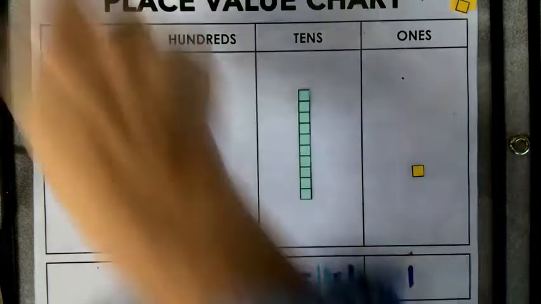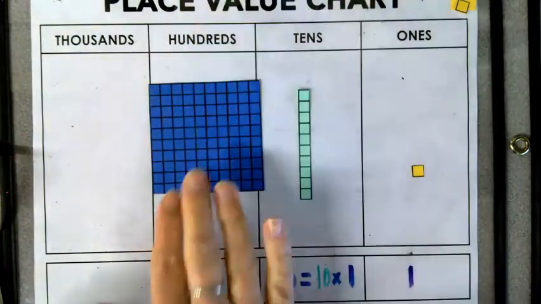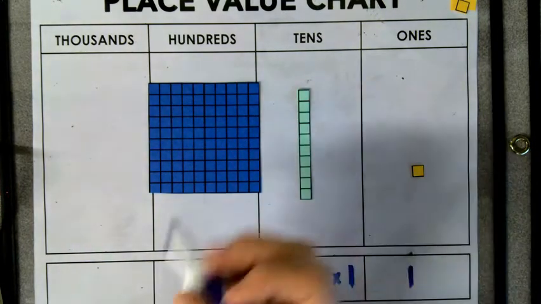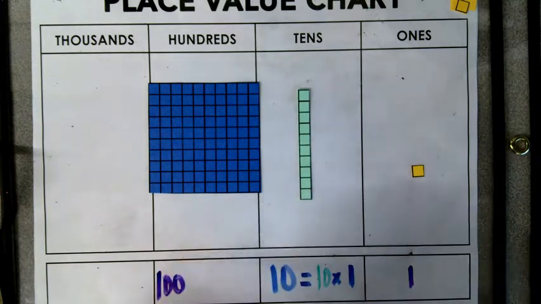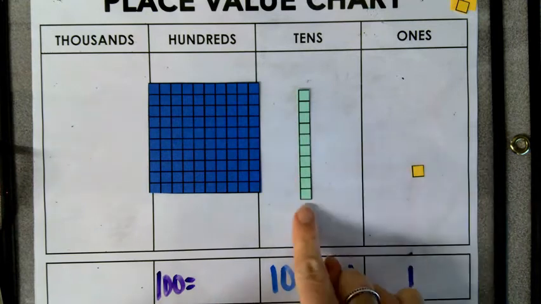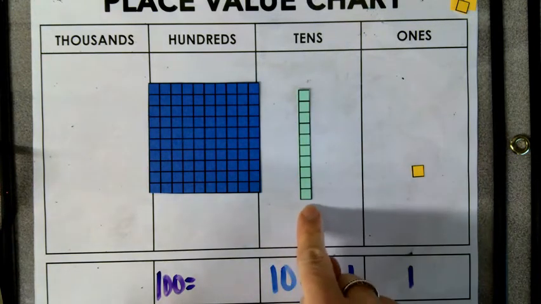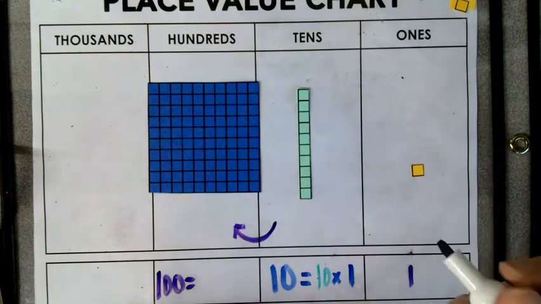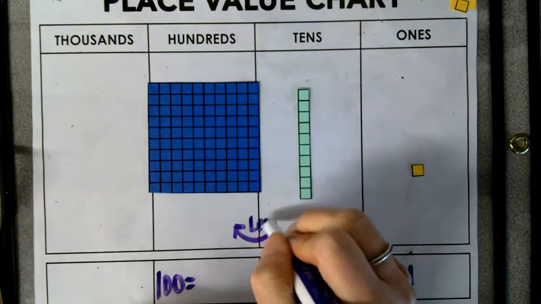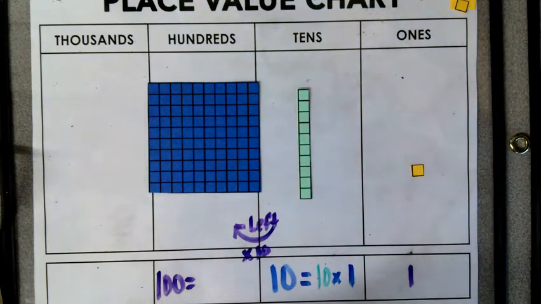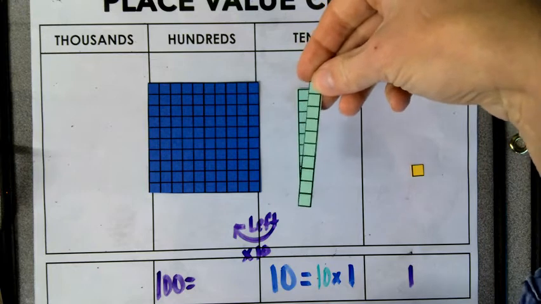Okay, so when we're looking at our hundreds, that's our flat, right? I know the value of the hundreds is 100. Well, I have to think to myself, I started with tens and I'm transitioning to the left. I'm going to multiply by 10 because I need 10 groups of these.